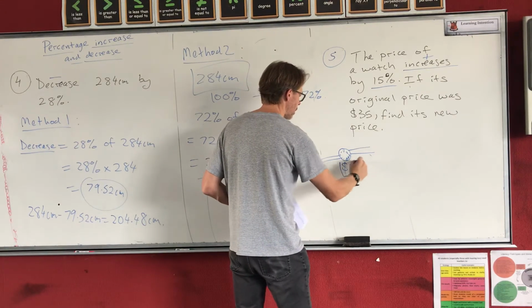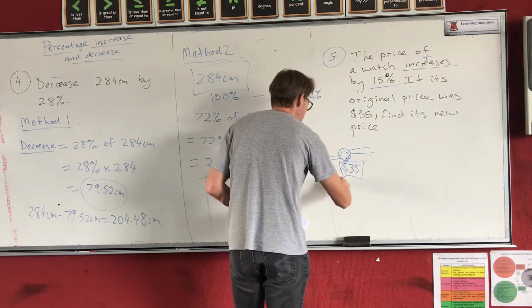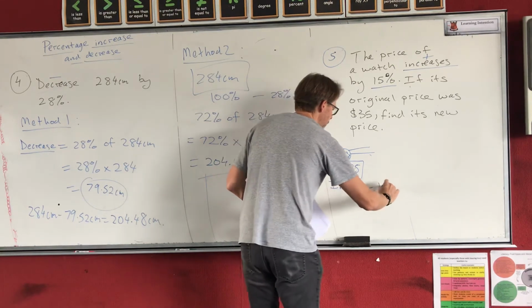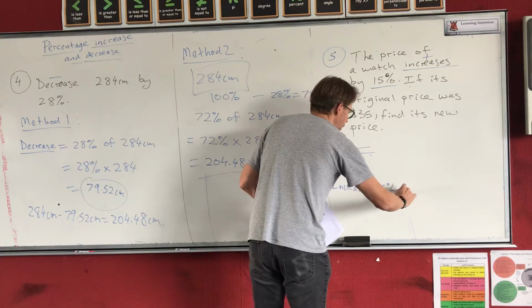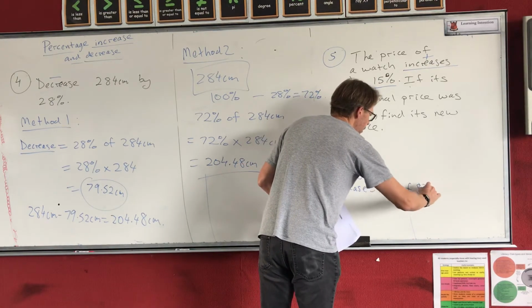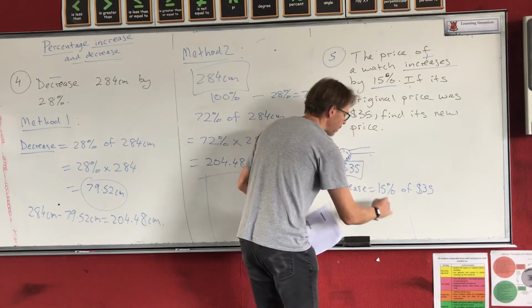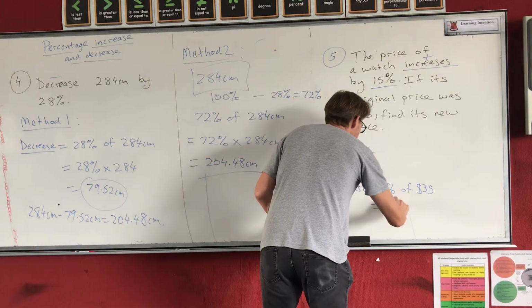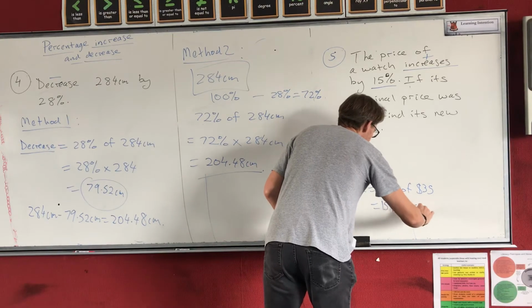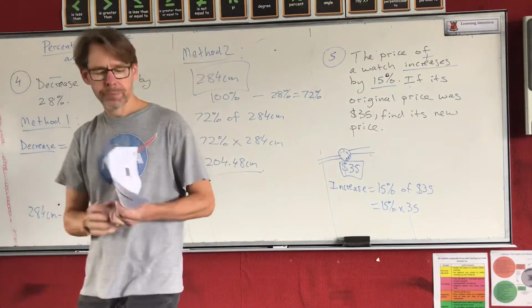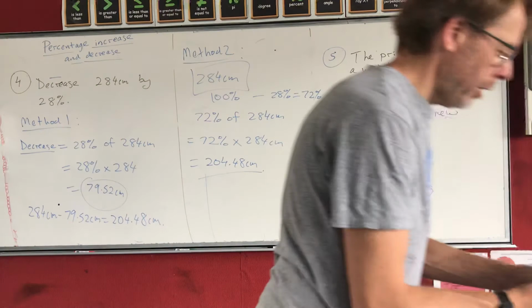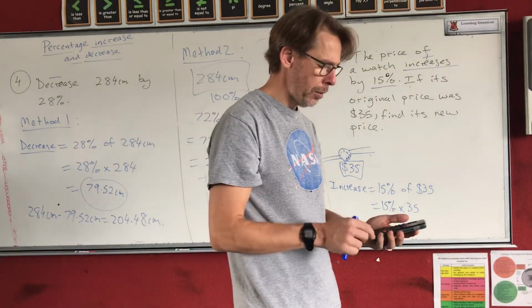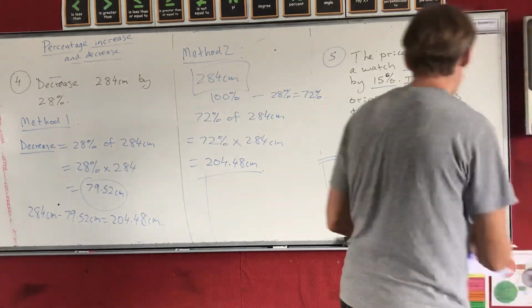So $35. Let's work out the increase first. Increase will be 15% of $35. Alright, let's work that out. So in your calculator, 15% times 35. Okay, so 15% times 35, $5.25.